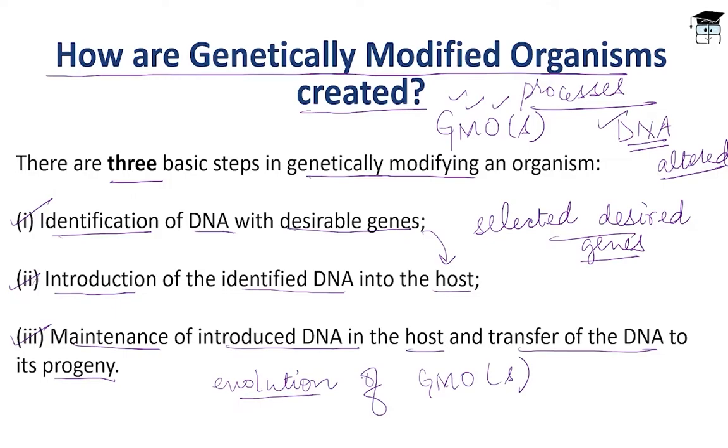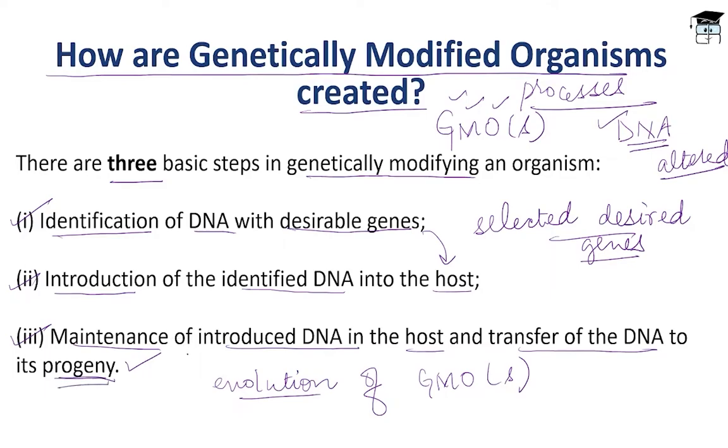Okay, they are the goal to evolution of that genetically modified technology into the progeny. That means that we not only have to create that genetically modified organism for one generation, but we have to pass on that genetically modified organism technology into the further progeny.